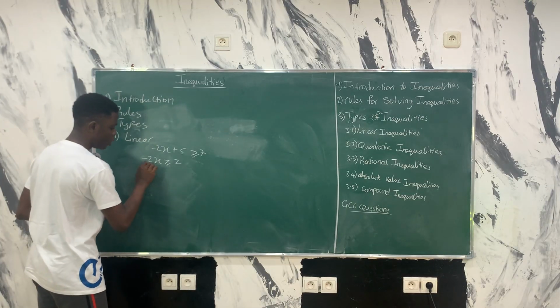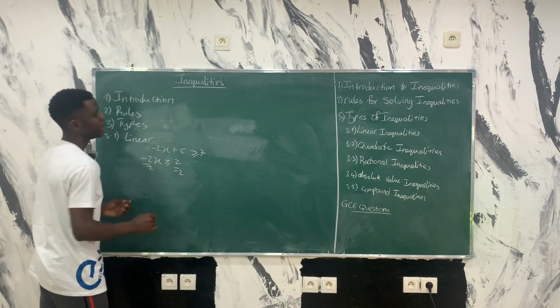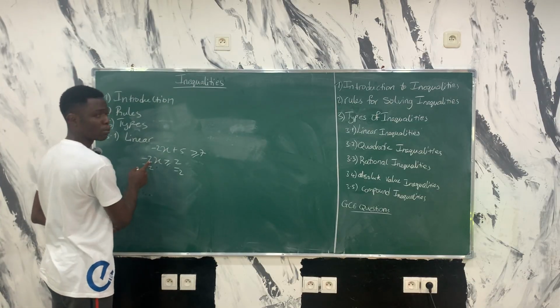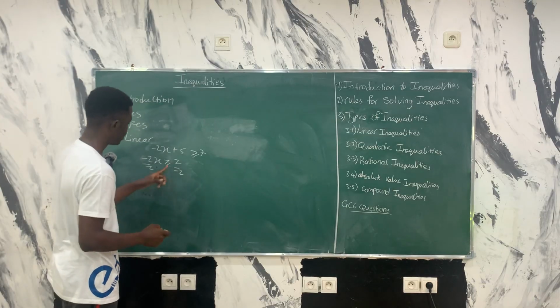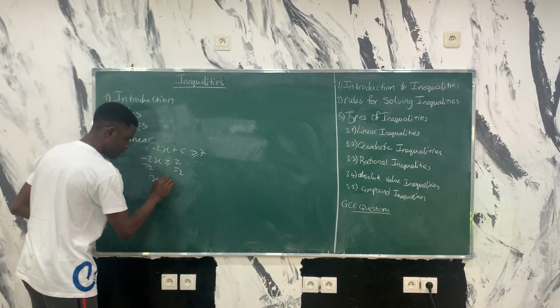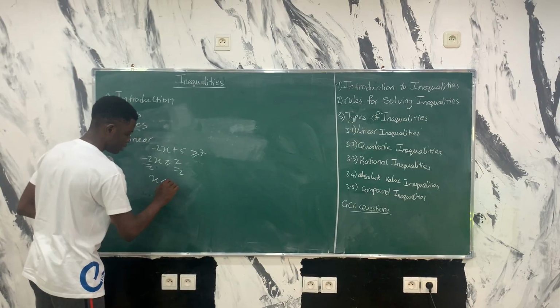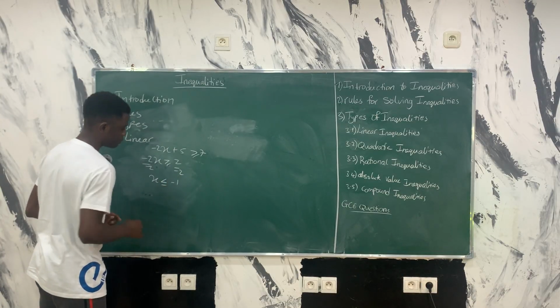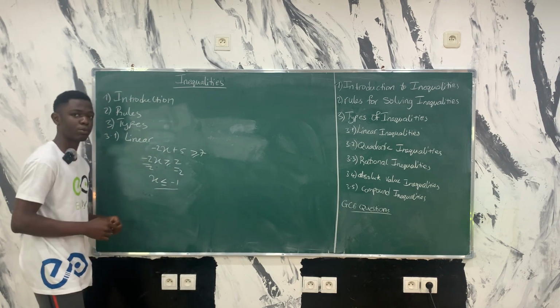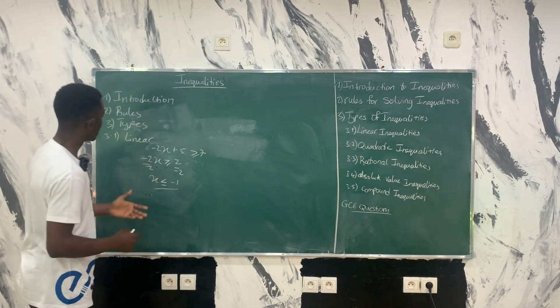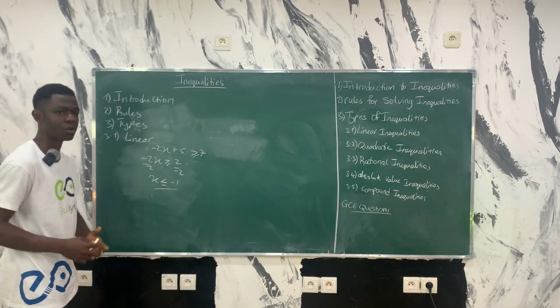If I divide all through by minus 2, you remember the rules: when we divide all through by a negative number, the inequality sign changes. So here, I'll have x less than or equal to minus 1, because 2 divided by negative 2 is negative 1. So this will be my answer. Alright, so this is how to solve linear inequalities.